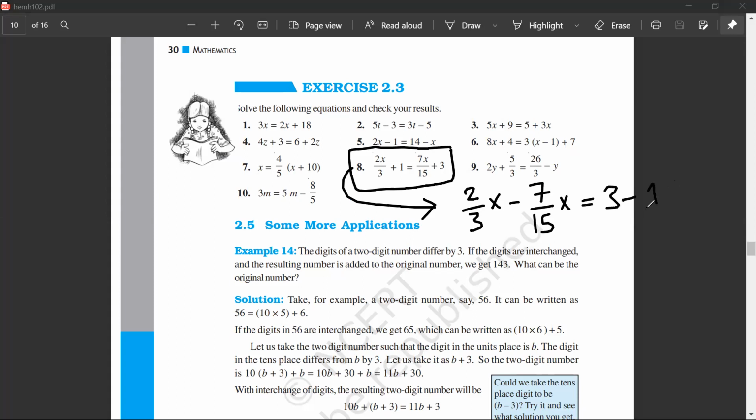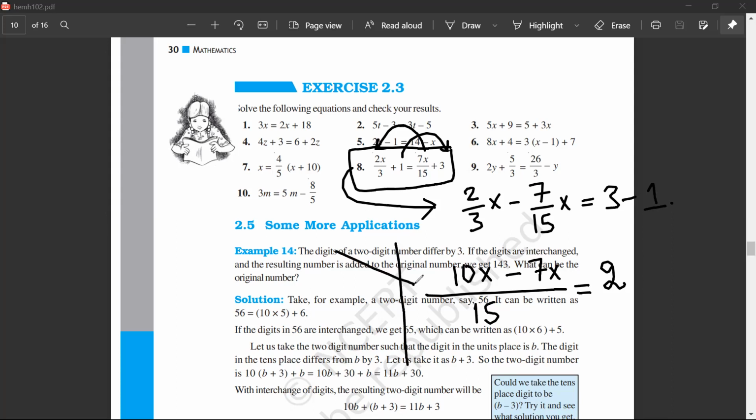Then we can subtract both the x's and the fractions. LCM will be 15, so it will be 10x minus 7x.